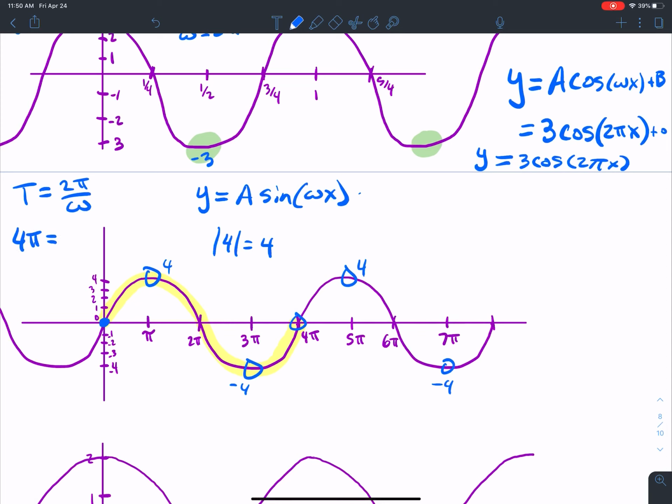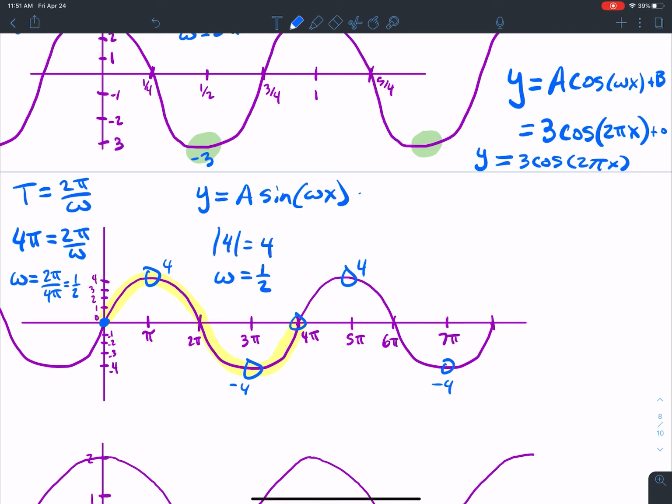So 4 pi equals 2 pi over omega. Taking the reciprocal, I get omega equals 2 pi over 4 pi, which is 1 over 2. So that gives me an omega of 1/2.